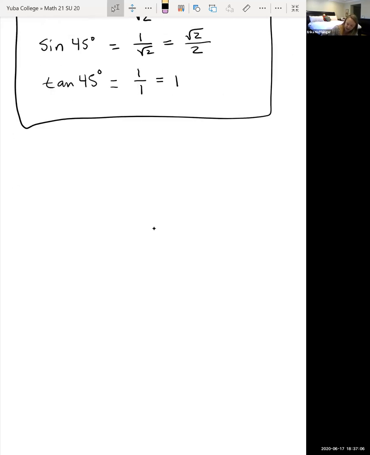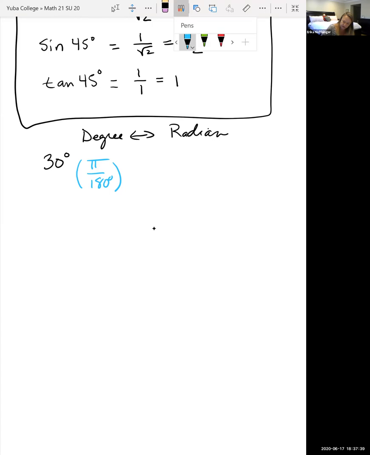If I'm looking at 30 degrees, that's where we multiply by pi over 180. And pi over 180, we can reduce that. 30 goes into 180 6 times. So this is equal to pi over 6.